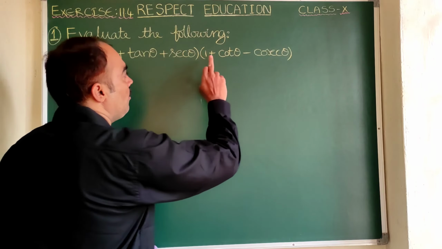Can you tell me what is the a plus b whole square formula? A square plus b square plus 2ab. Clear? Now what formula was applied earlier? A plus b into a minus b is a square minus b square. These are the formulas we have applied.